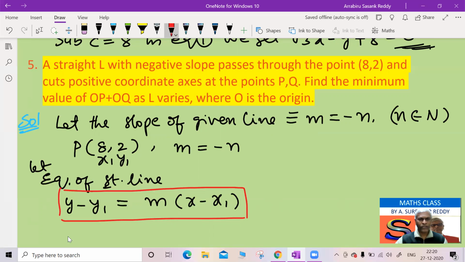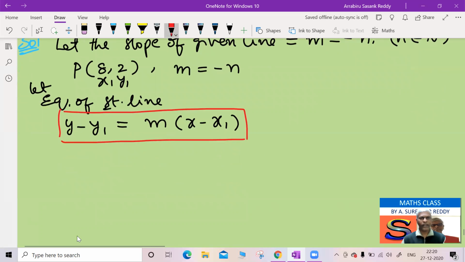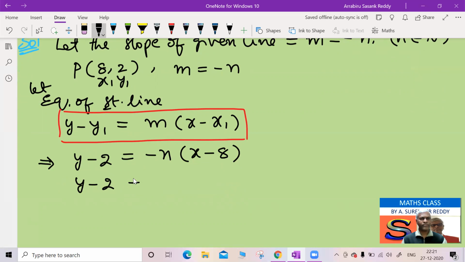If you know a point and slope, this is the equation. We know the point and slope. Substituting in this, y minus y1 value 2, the slope is minus n, x minus x1 value is 8. So y minus 2 equals minus n x minus minus plus 8n.